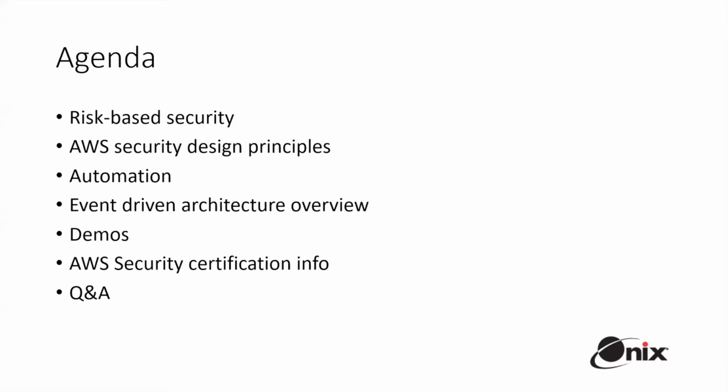And then the next 2 bullet points, the demos, I'm going to do about 3 live demos, and the event-driven architecture overview are the more technical pieces where we'll get into the specifics of the solution and how it works. And then I'm throwing in a little extra credit. There was a presenter earlier who did a nice job on some of the AWS certifications, but I'll briefly talk about my process for the AWS Security Specialty Exam and some of the things that I read and the approach I took to pass that exam. Might be helpful to you guys.